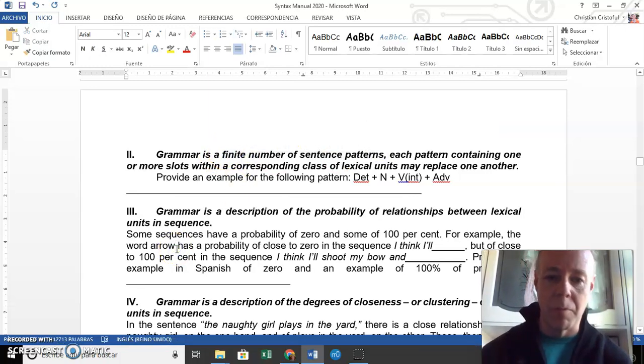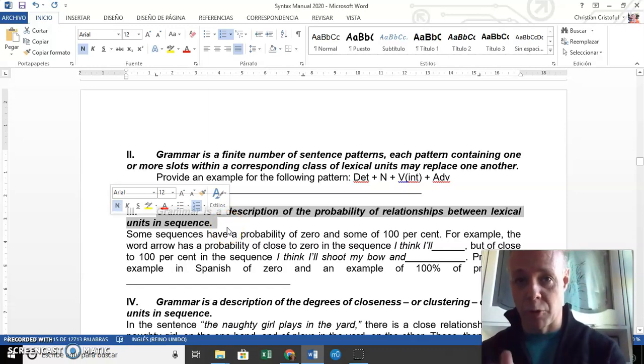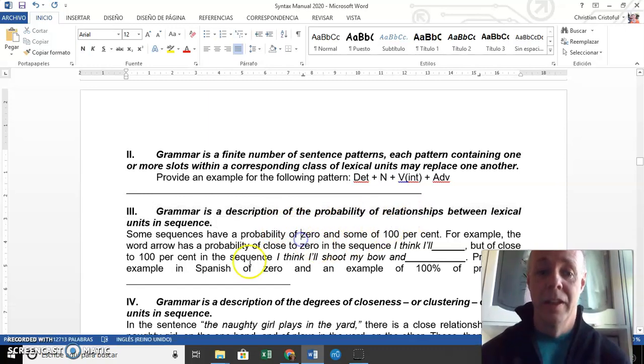Third definition of grammar. Grammar is a description of the probability of relationships between lexical units in sequence. What is a lexical unit? A lexical unit is a word in sequence. Word plus word plus word, which make up a sentence. So, sentences then. Grammar is a description of the probability of relationships between sentences. Some sentences have a probability of 0 and some of 100%.